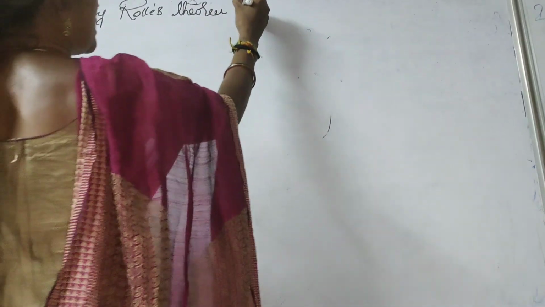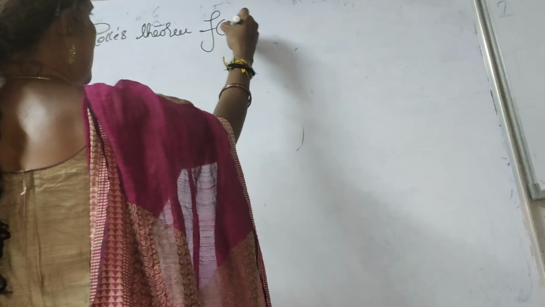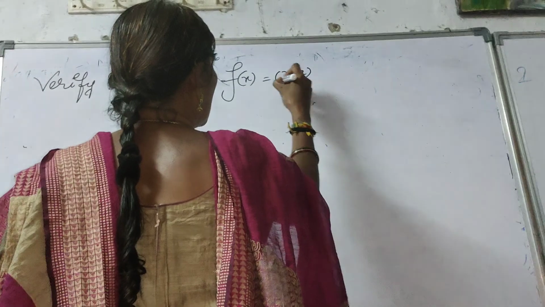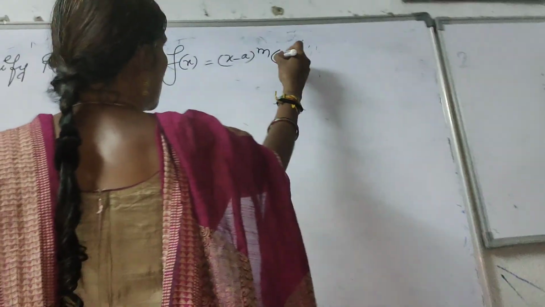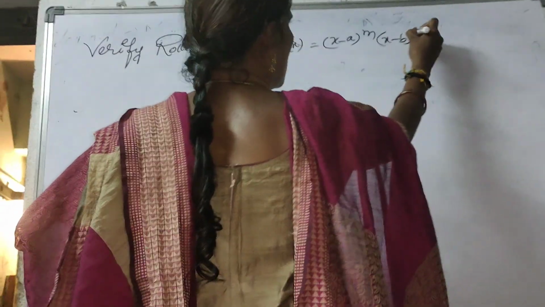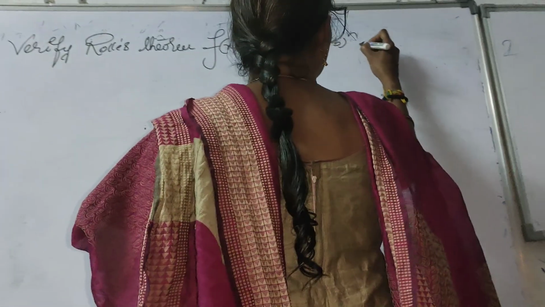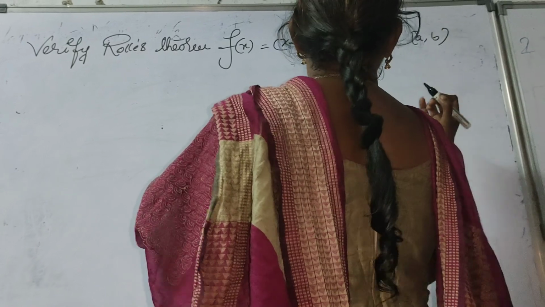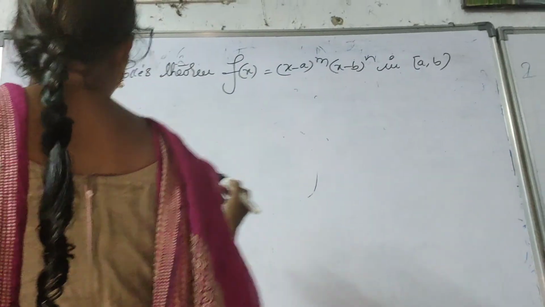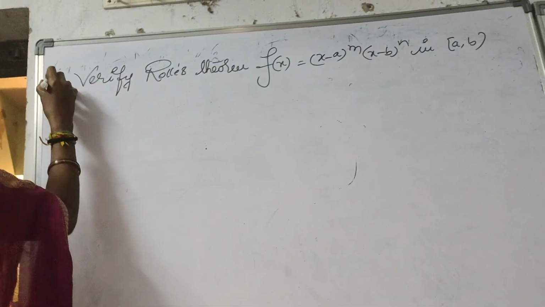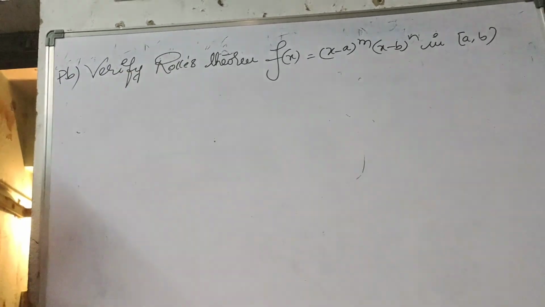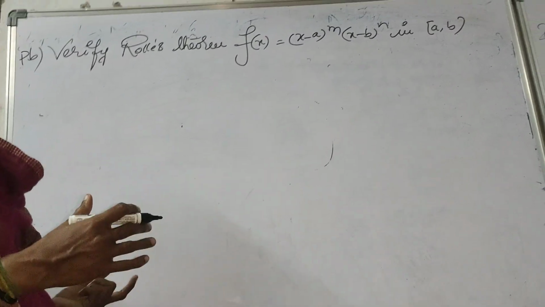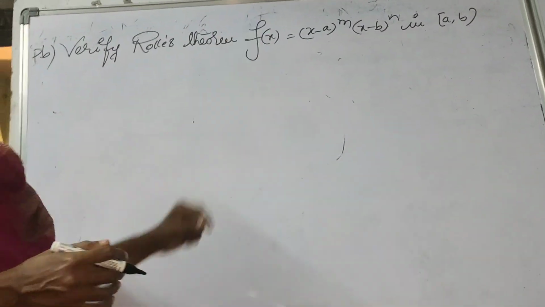The function f of x equals x minus a whole power m into x minus b whole power n in the interval a comma b. Does the given function f of x satisfy Rolle's theorem or not in the interval a comma b?